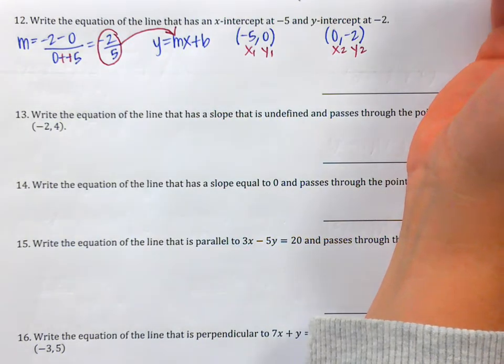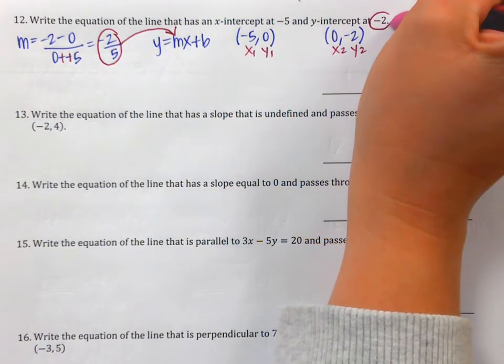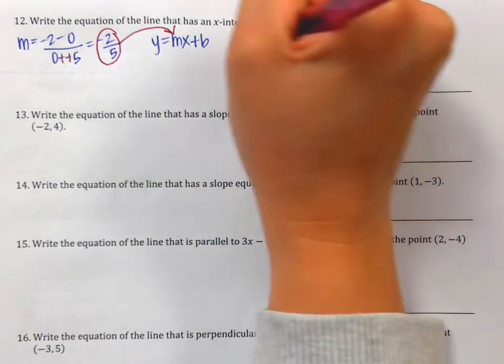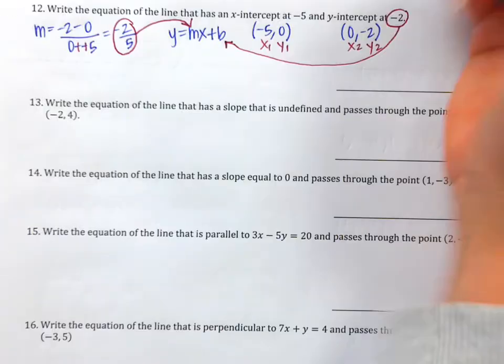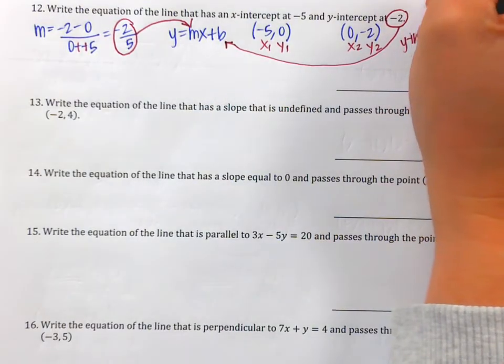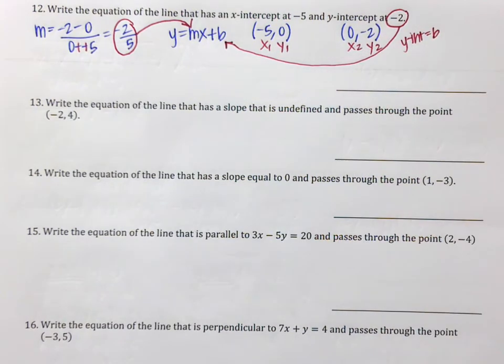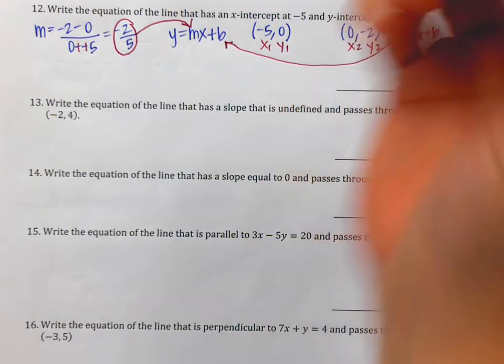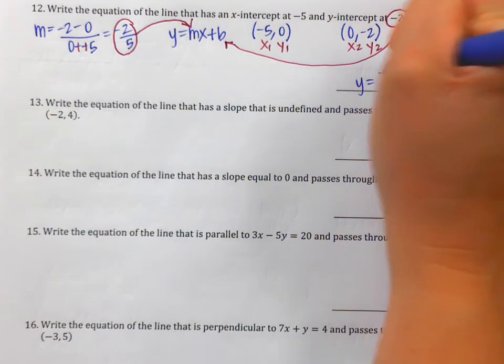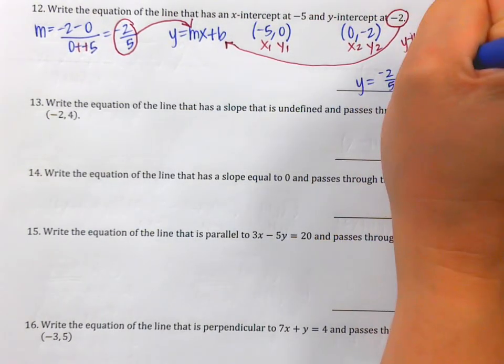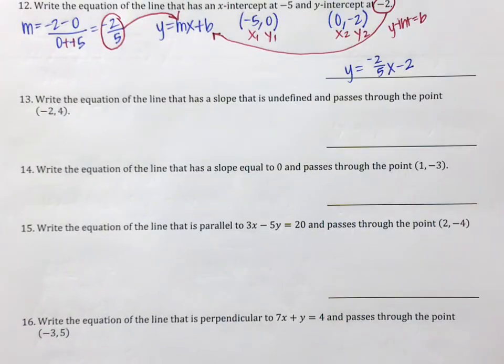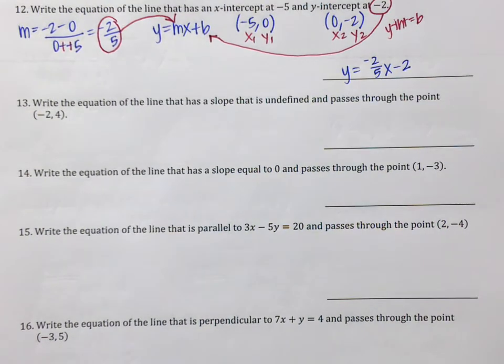Well, I also already have my y-intercept. My y-intercept is -2. Your y-intercept is b. So I can just plug everything in. Y equals -2/5 x minus 2. And that's it. If you use point slope form, just like we did on 11, you should get to the same answer, no matter which point you use, -5, 0 or 0, -2.